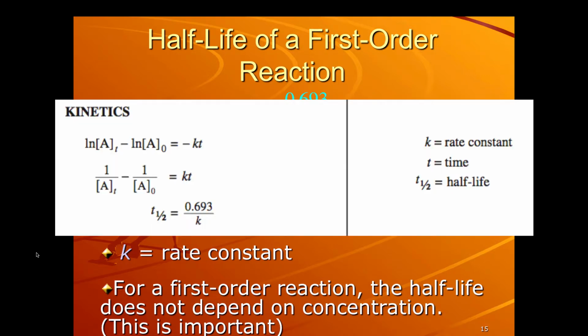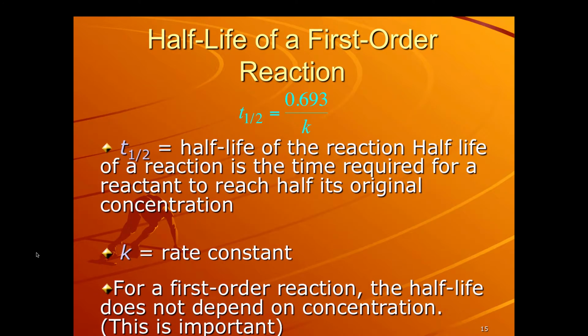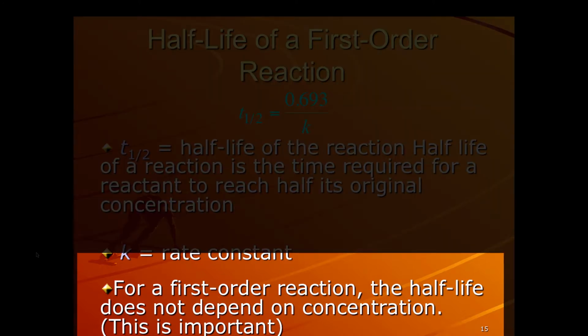But the most important thing to know is the half-life does not change. So if you started out with 10 moles of it in a liter and half of it went away after 5 seconds, then you could say, oh, I know that the next half of it is going to disappear after another 5 seconds. So the half-life does not change. Very, very important.